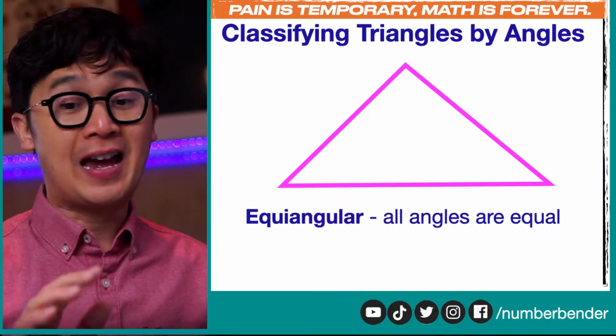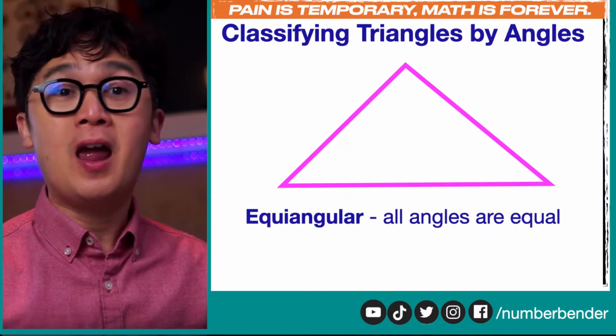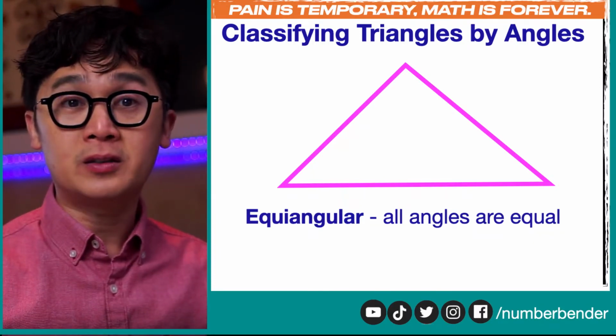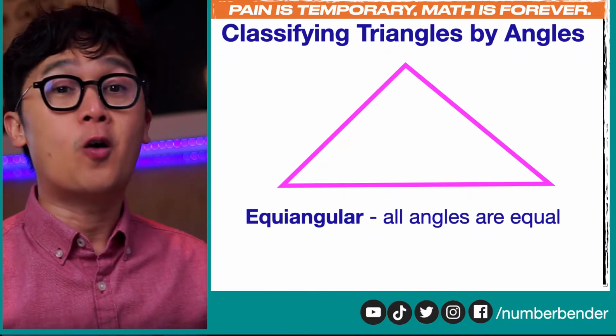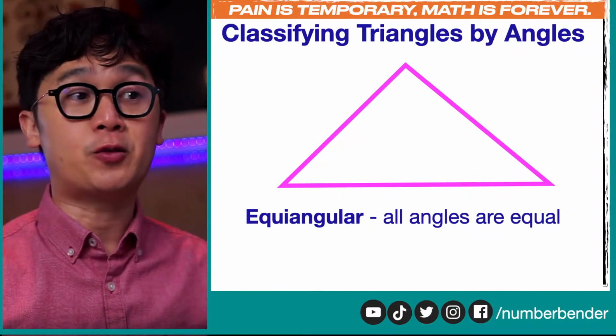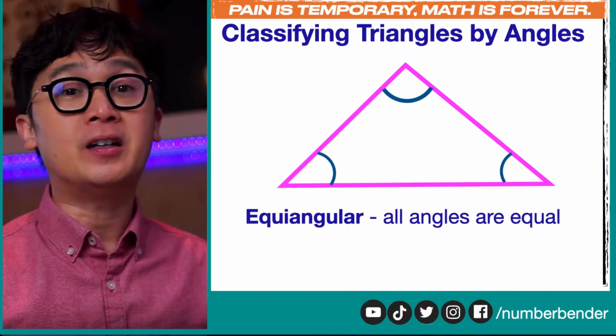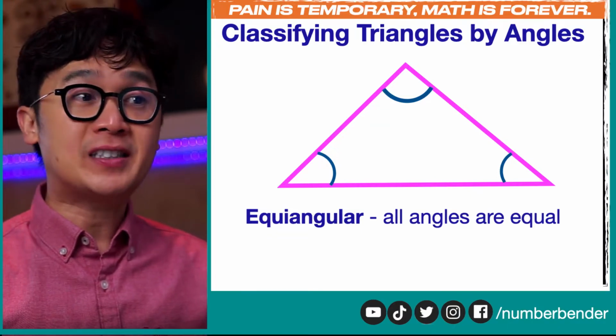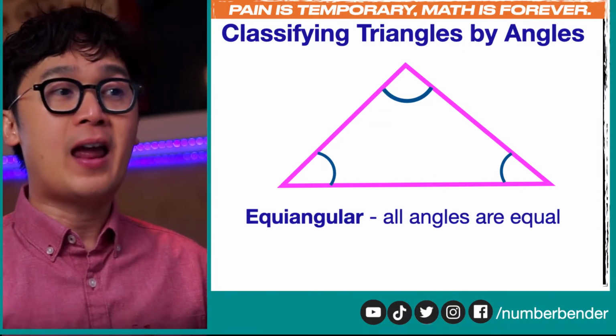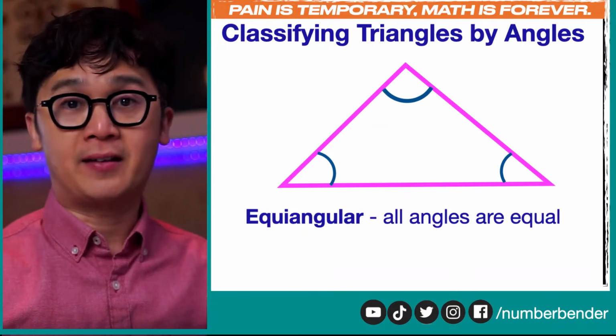However, there's a caveat here because we need to make sure that we are using the correct symbols to denote that we are seeing congruent angles, or angles with the same measurement, in this triangle. So this symbol right here is very important to verify that we are seeing an equiangular triangle in our diagram.